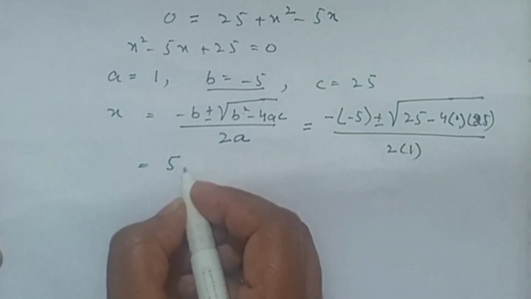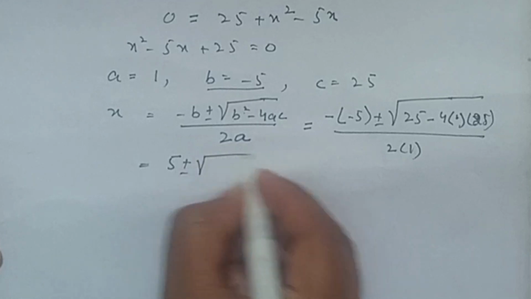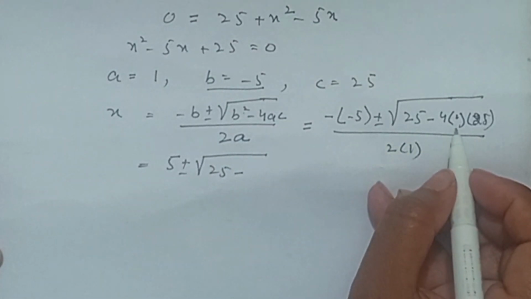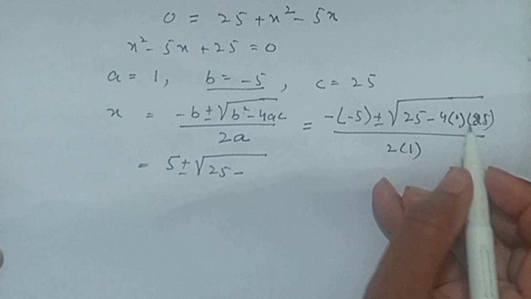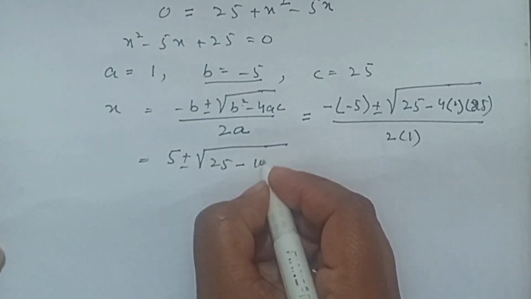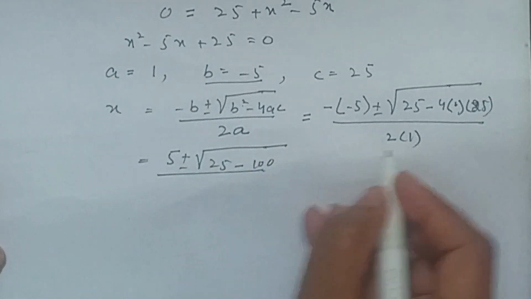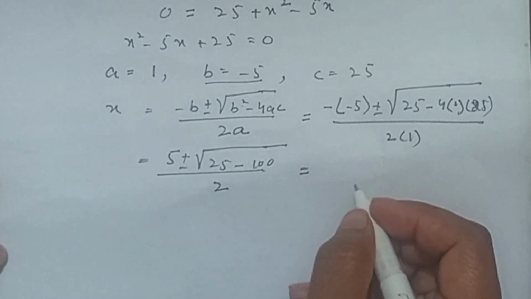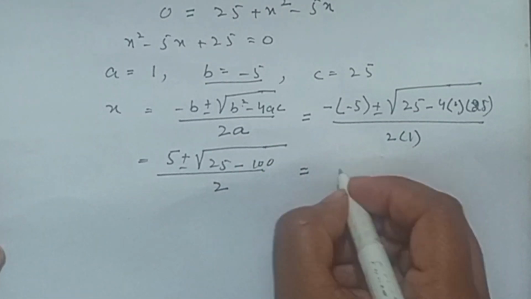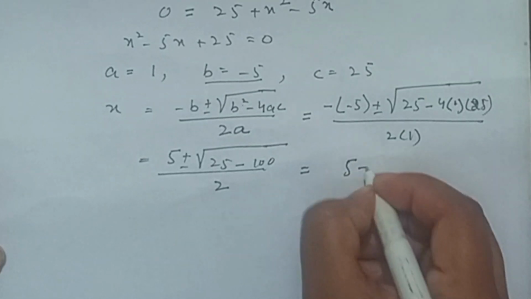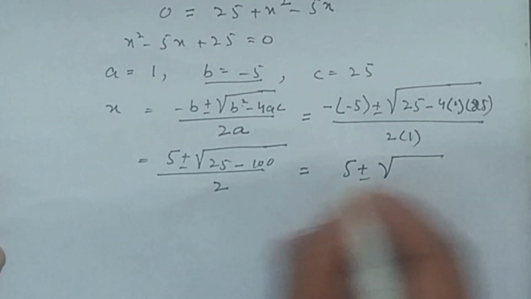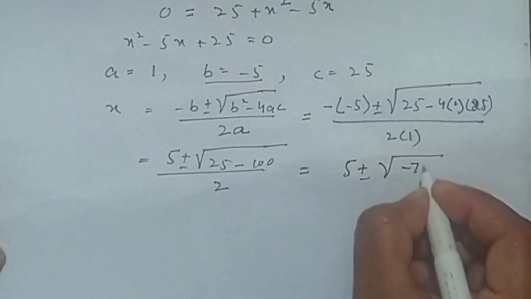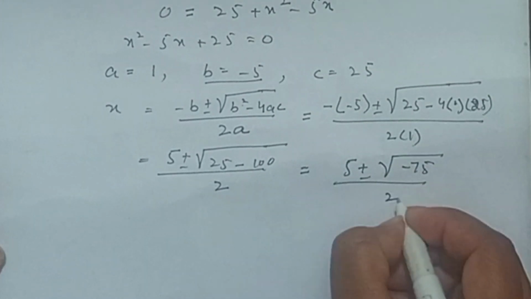So we get positive 5 plus minus square root 25 minus 4 multiply 1 multiply 25, which is 100, over 2 ones are 2. Now this is equal to 5 plus minus square root of 25 minus 100, which is minus 75, over 2.